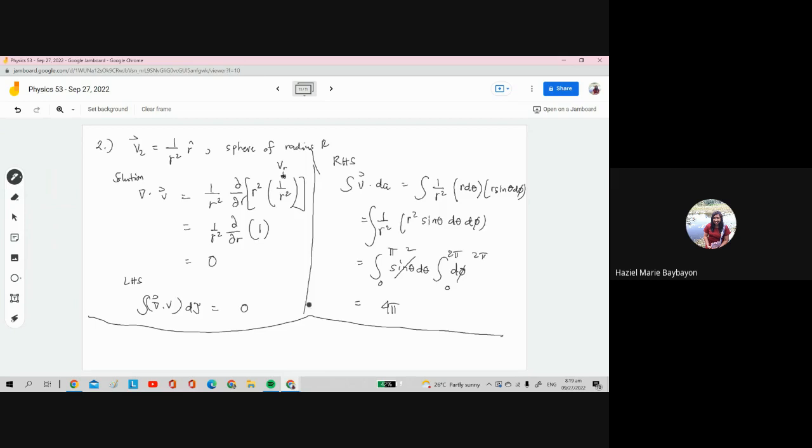Okay. So for 1 over r squared, you noticed the previous result. I am not sure, class, if I gave this as an example or as an exercise.